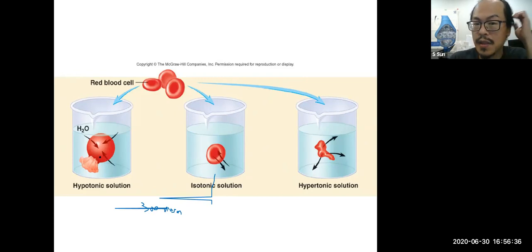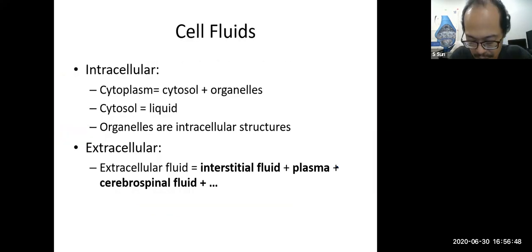You can see it burst, and then this cell is hemolyzed. Or water goes out to make it shrink, in a hypertonic solution. So that's the cell with intracellular solution and extracellular solution.